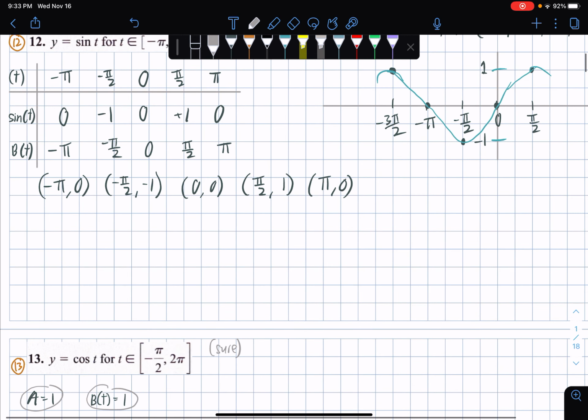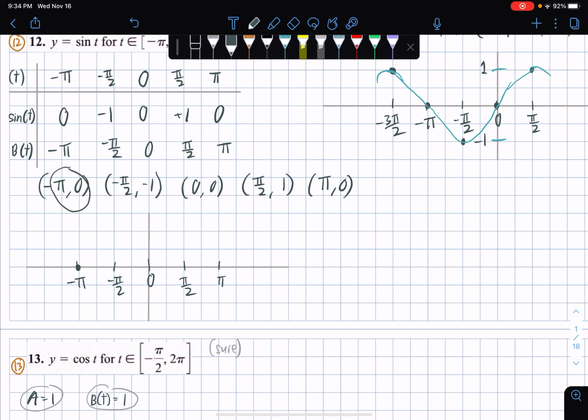Okay, let's make a graph of it. By estimation, let's put the point of origin somewhere here in the middle. Pi over 2 and pi. Here we have negative pi over 2 and negative pi. So negative pi corresponds to 0.